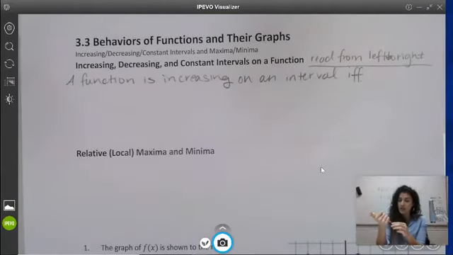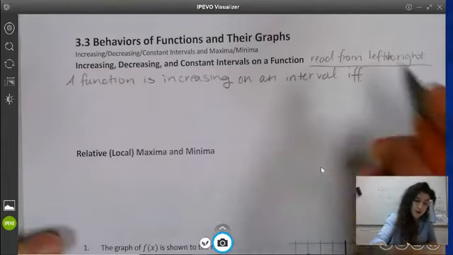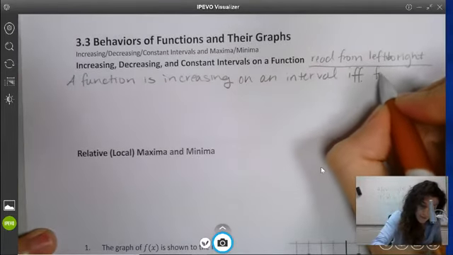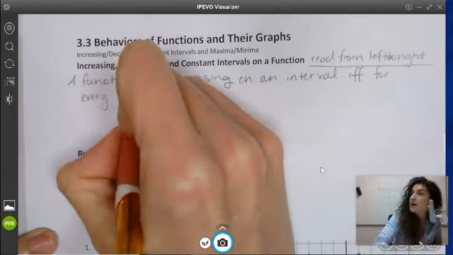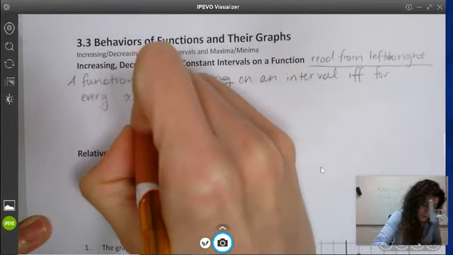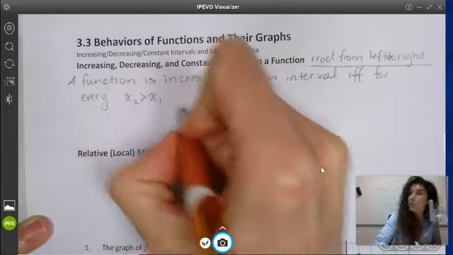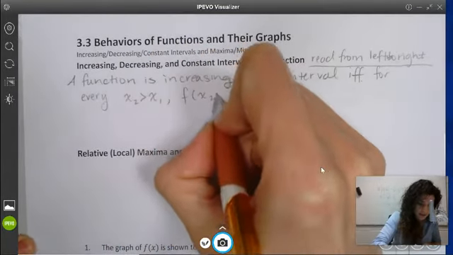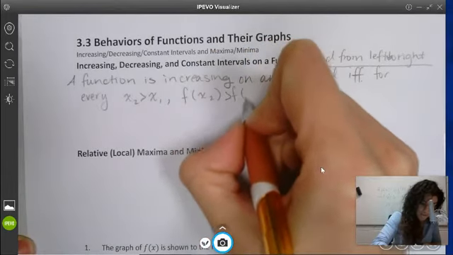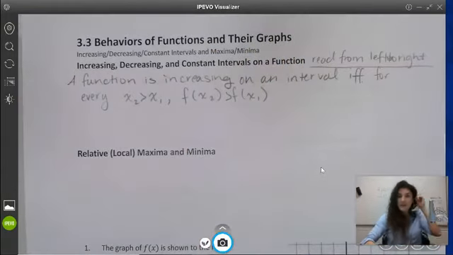A function is increasing on an interval if and only if for every x sub 2 that is greater than x sub 1, then also f of x sub 2 is greater than f of x sub 1.